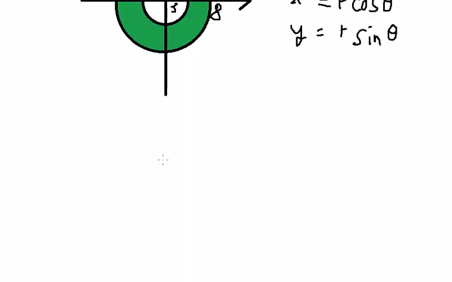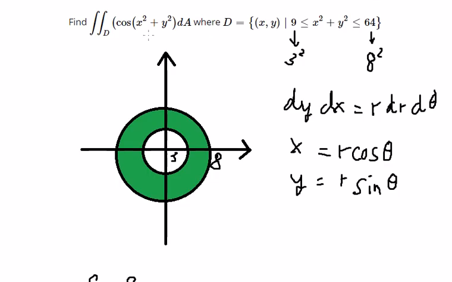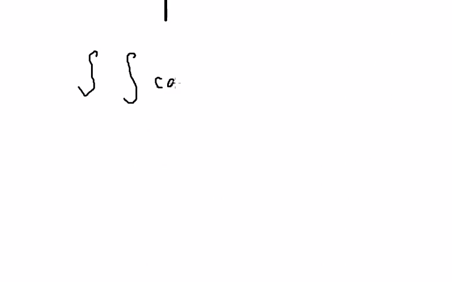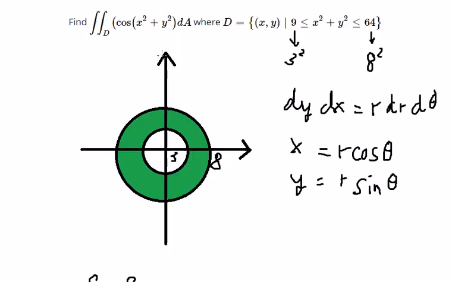So now we have the new double integral in here. So we have cosine and x. We need to change for this one.